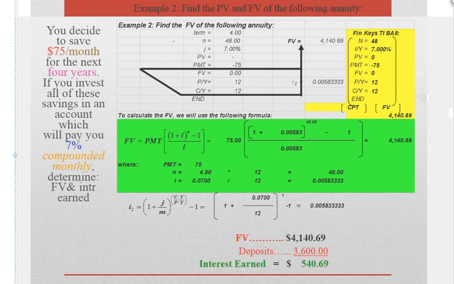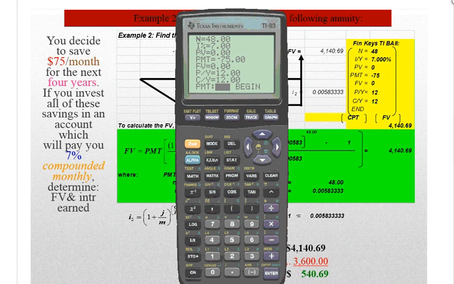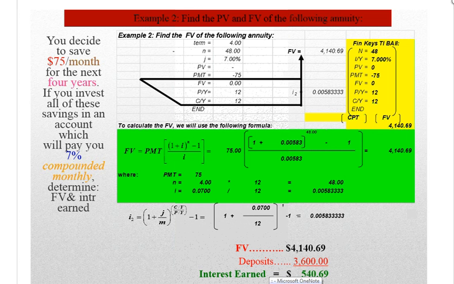And then we can do the same for TI 84, input the same information here. We scroll to future value and press alpha, enter, and we have 4,140.69, which is the same as before.